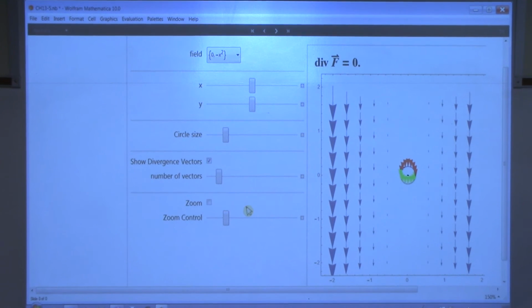Here are all the vectors on that field. I've labeled them in red if they are going into the circle. I've labeled them in green if they are going out of the circle.